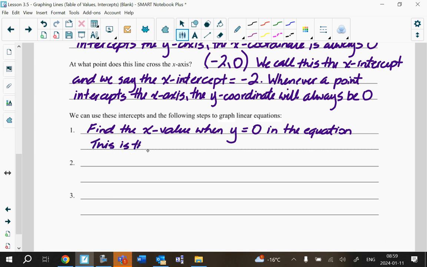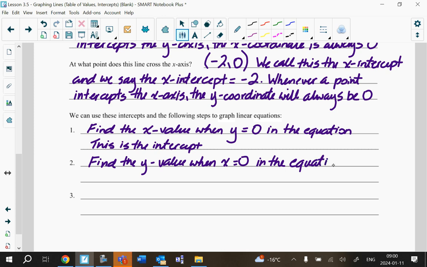But as always, you need at least 2 points to draw a line. So we need to find the y value when x is 0 in the equation. This will give you the point where it crosses the y-axis.